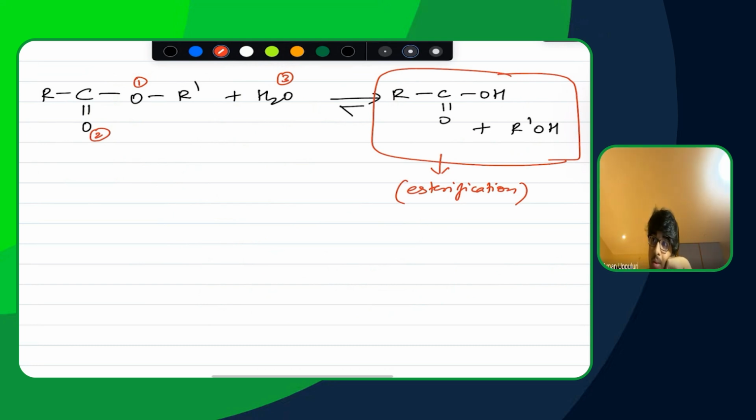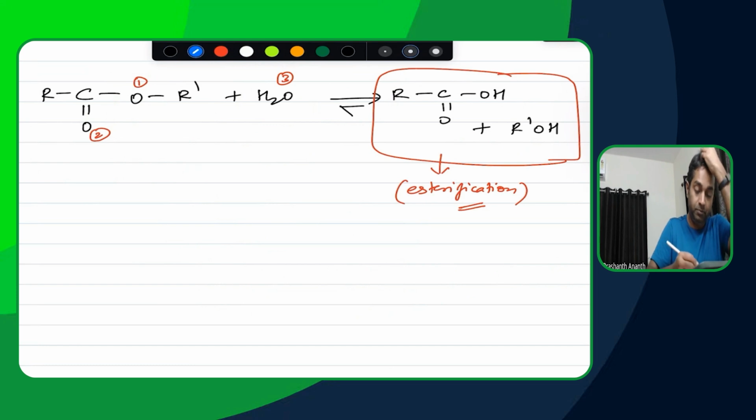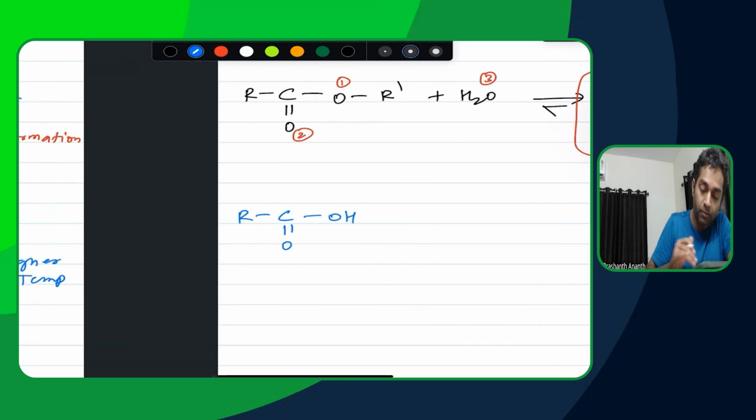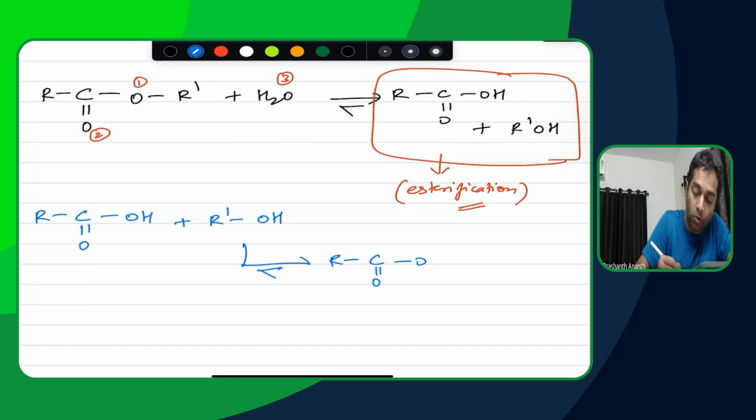When you consider the esterification mechanism, how is that going to work out? So the product formed is going to be RC double bond OR dash plus H2O.